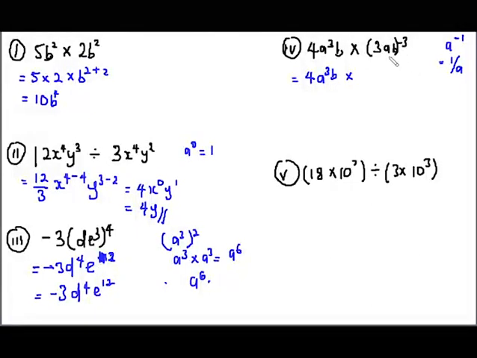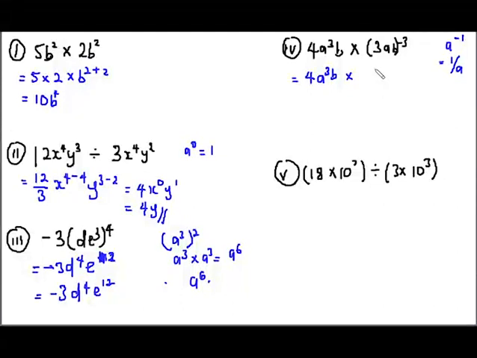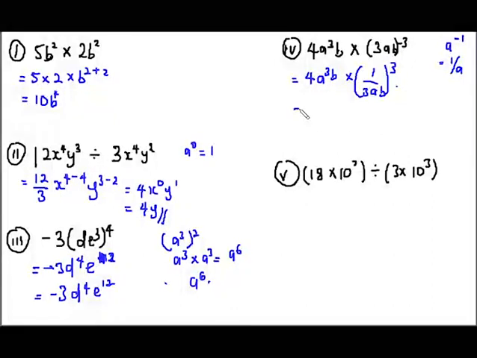So in this case, to deal with the negative here, I'll basically be saying 1 over 3ab. But then I should not forget the cube power outside. So I have a cube outside, and then this is equal to 4 a cube b divided by 1 cube is 1, of course, and then 3 cube is going to be happening here, 3 cube a cube and then b cube.